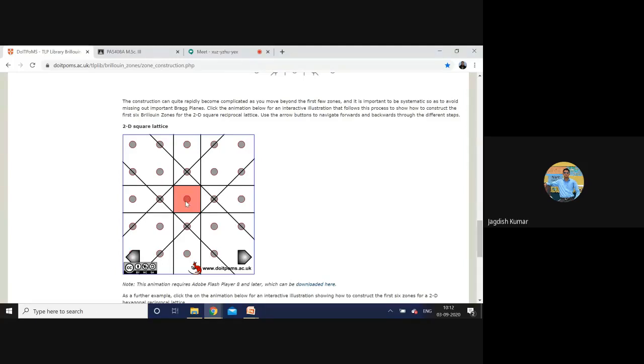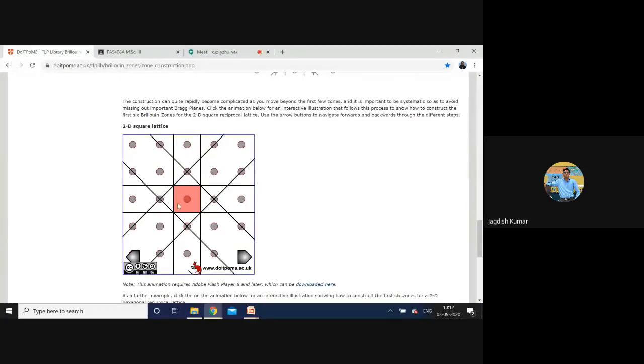It will be the whole area in the reciprocal space which we can access after going out from the first Brillouin zone by crossing only a single Bragg's plane. Fine.